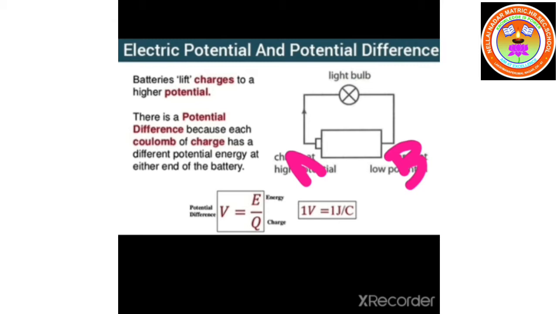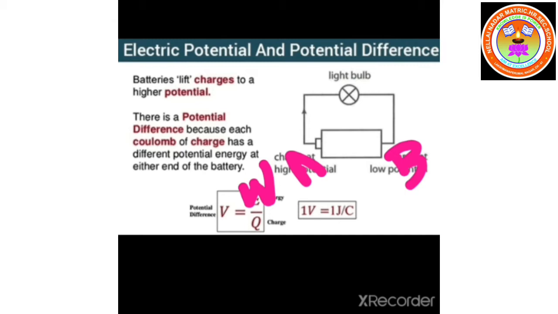Charge is denoted by the symbol Q. So what is the work done here? W we can consider as the work done to move the charge from A to B.